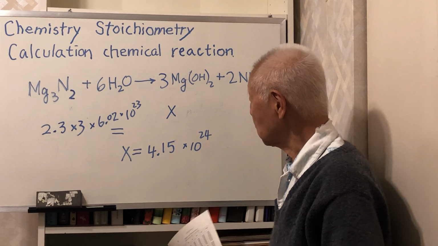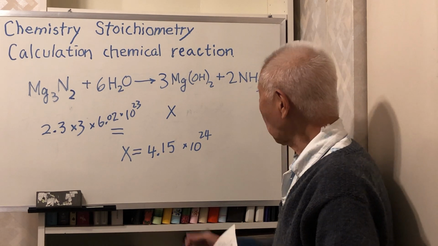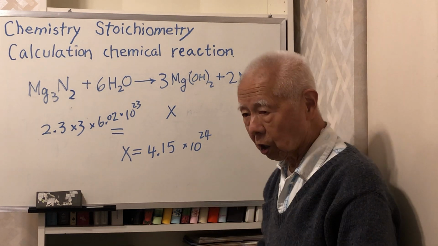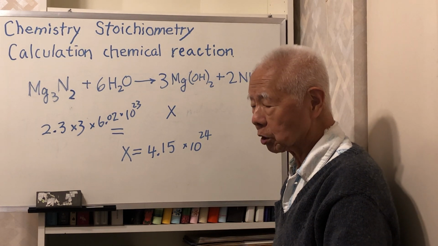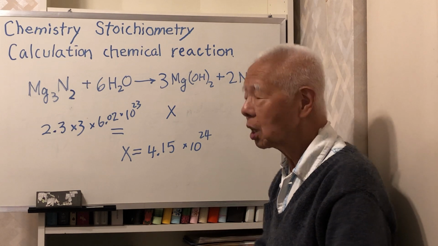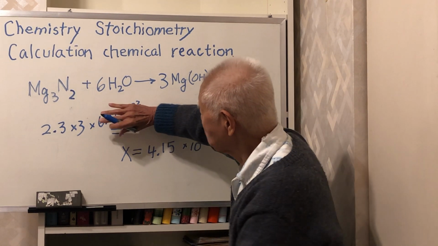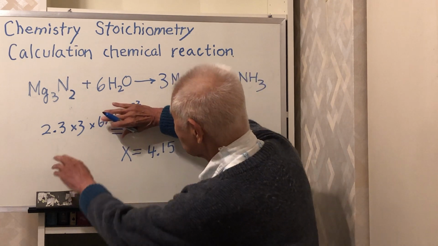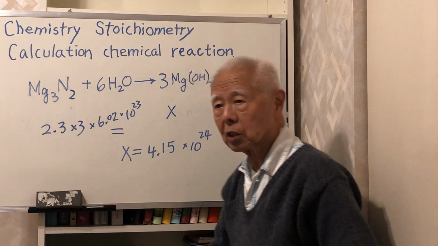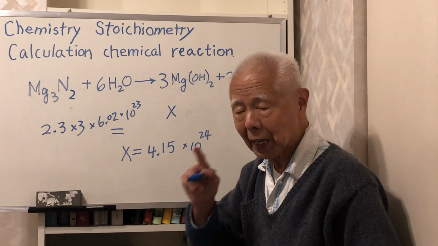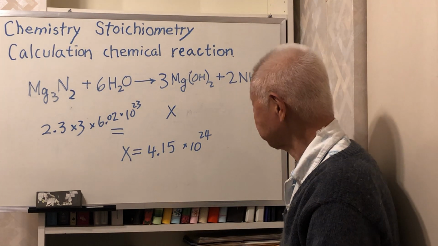Rounding is the final step. So this is the number of molecules. So let's make a summary. To find the number of molecules, you find the number of moles first. Once you have the number of moles, multiply this factor, you get number of molecules.